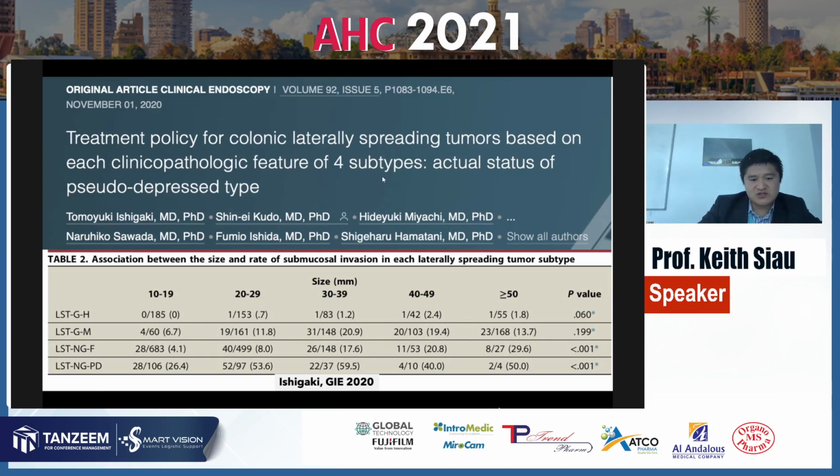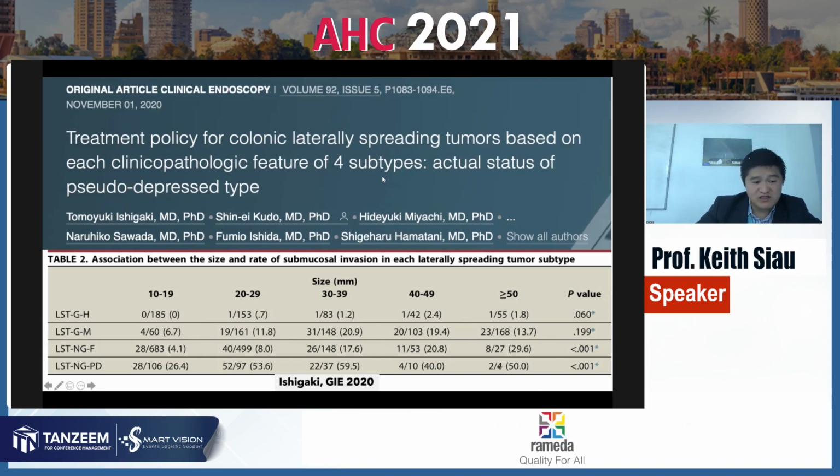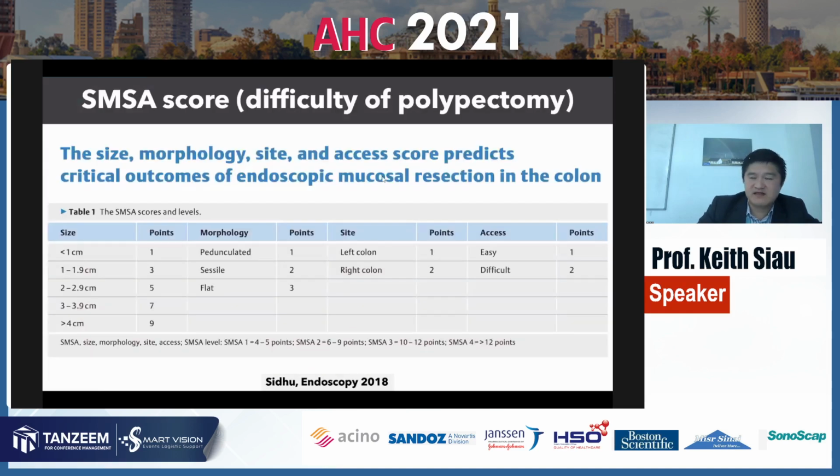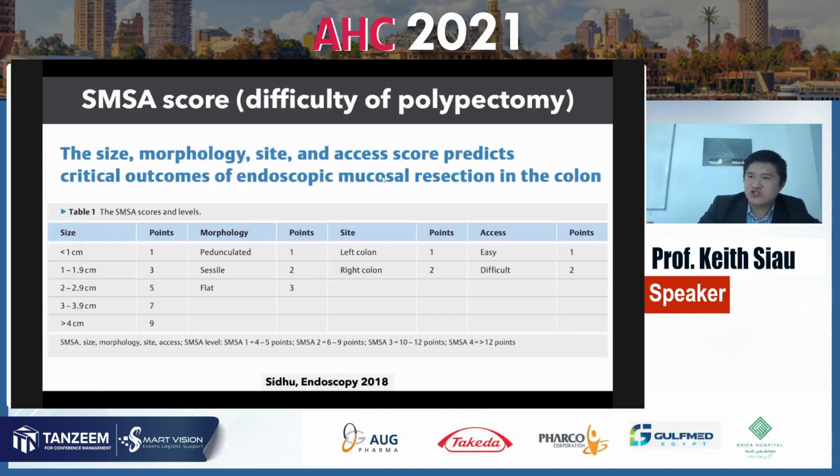So this is a nice little study by Ishikagi last year in GIE, that a 50 millimeter LSTNG carries anywhere between 20 to 40% risk of cancer in there. So you have to be very careful before you attempt an EMR for such big lesions, and patients need to be consented properly. But what about predicting complications?